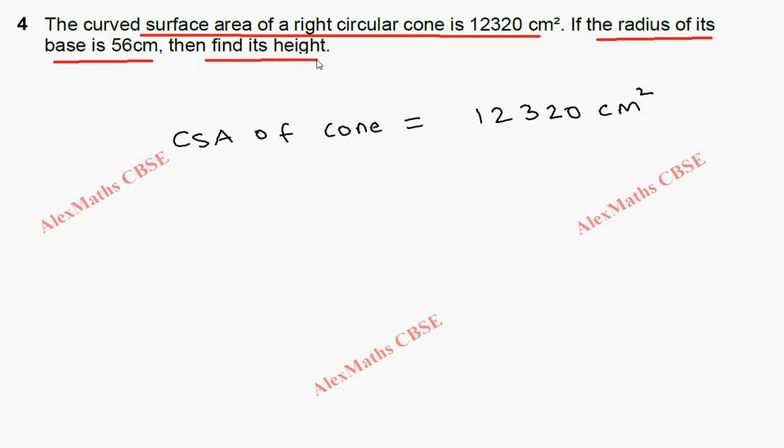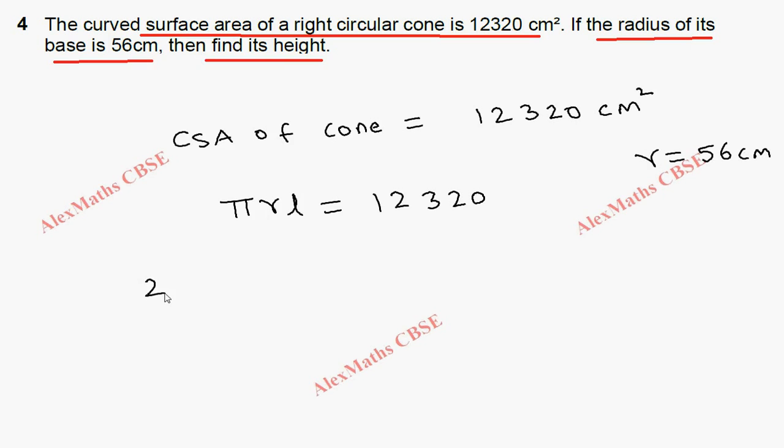We have to find its height. Let's apply the formula. Pi r L equals 12,320, and they have also given the radius, which is 56 centimeter.